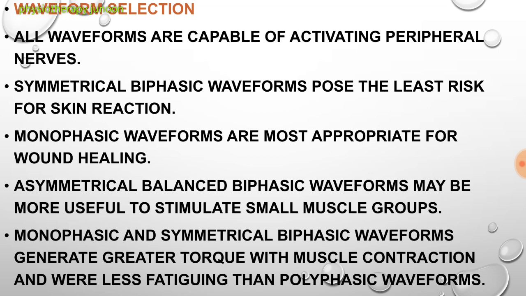Monophasic waveforms are most appropriate for wound healing. Asymmetrical balanced biphasic waveforms may be more useful to stimulate small muscle groups. Monophasic and symmetrical biphasic waveforms generate greater torque with muscle contraction and less fatigue than polyphasic waveforms.